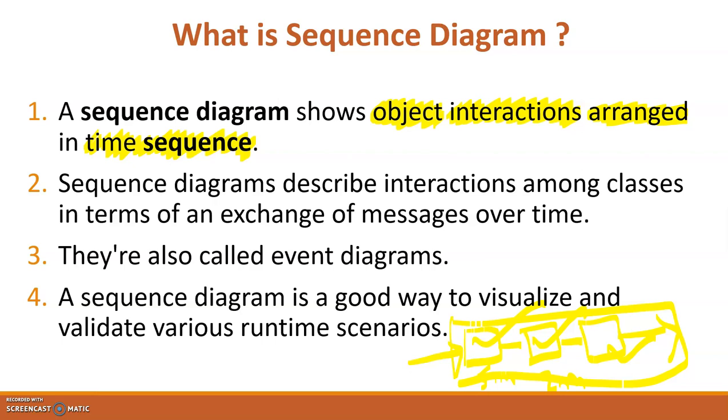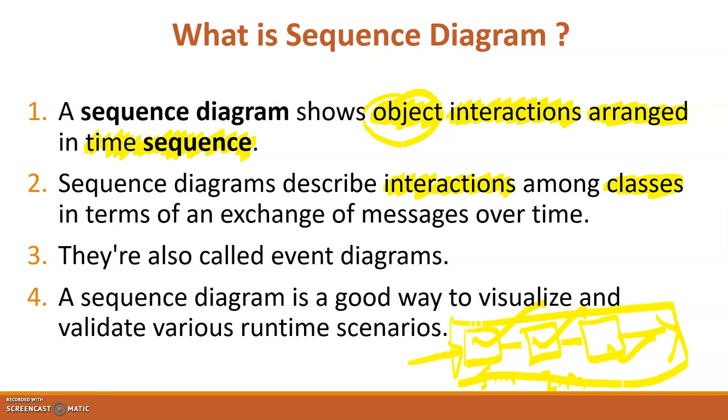The second point says the sequence diagrams describe interactions. As I said, object interactions. The second is also the same, ultimately interactions. Interactions between what? Object interactions, right? Here we have mentioned the word classes, just to make it clearer. Classes can be your GUI class, your database class, your user class, an entity class, anything.